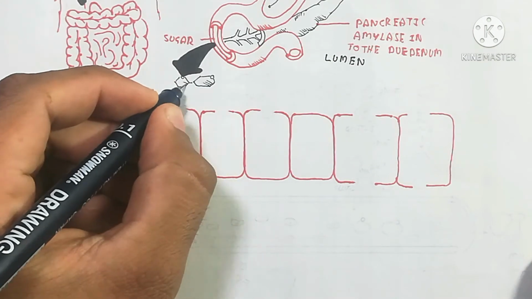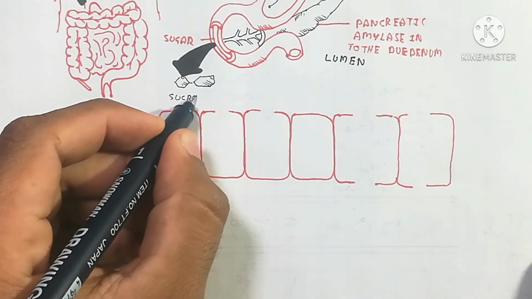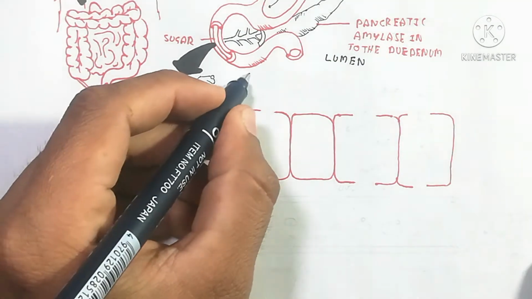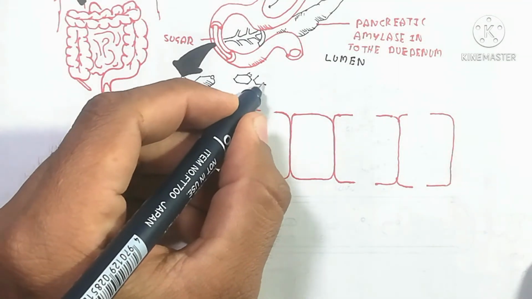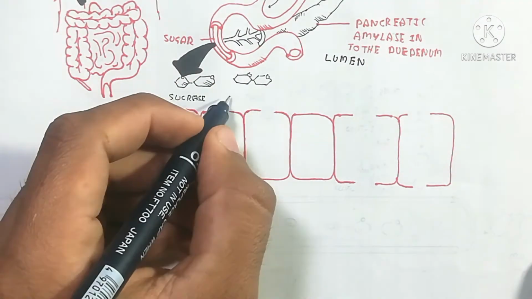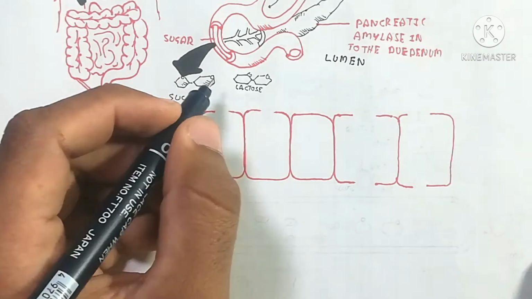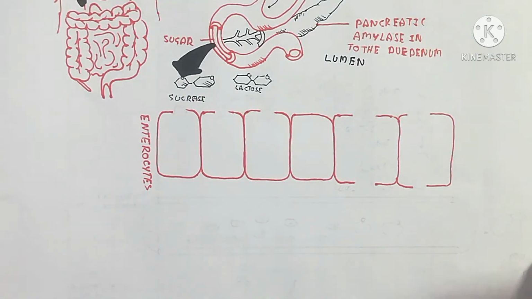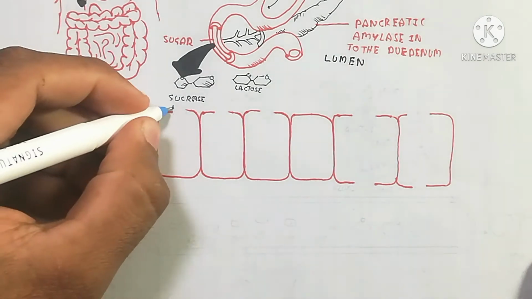So here the sugar will enter into the lumen of the duodenum beside the pancreas, and it is hydrolyzed by enzymes also known as brush border enzymes.